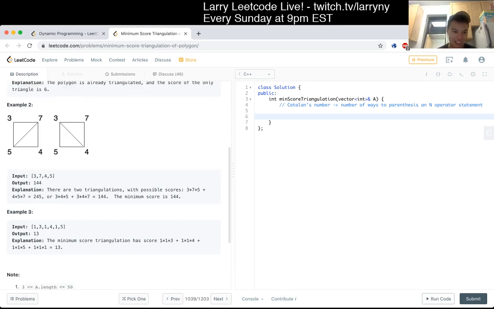I'm just going to draw out example 3. So you have 1, 3, 1, 4, 1, 5. The minimum score is 1, 1, 3, 1, 1, 4, 1, 5, and 1, 1, 1. I think I drew this well.